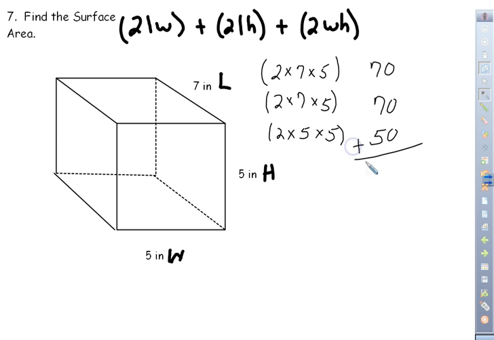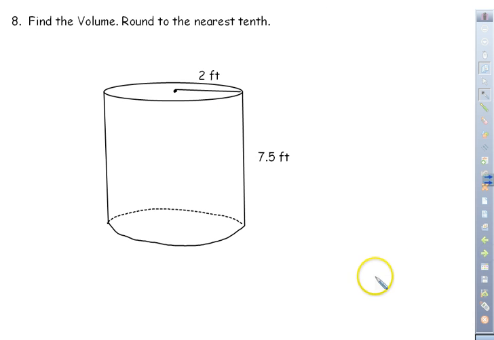We're going to add all of these together, and 70 plus 70 is 140, plus 50 more is 190. And it is, again, surface area, so it is inches squared. So square inches would be your answer. Okay. Key to this is, again, using the formula and plugging those in.